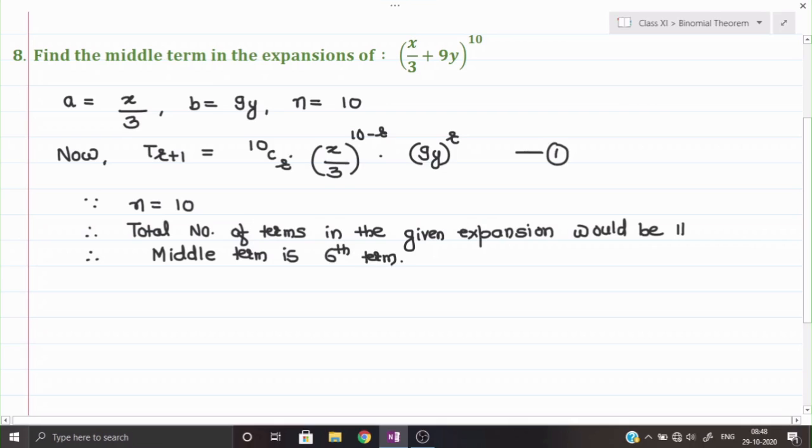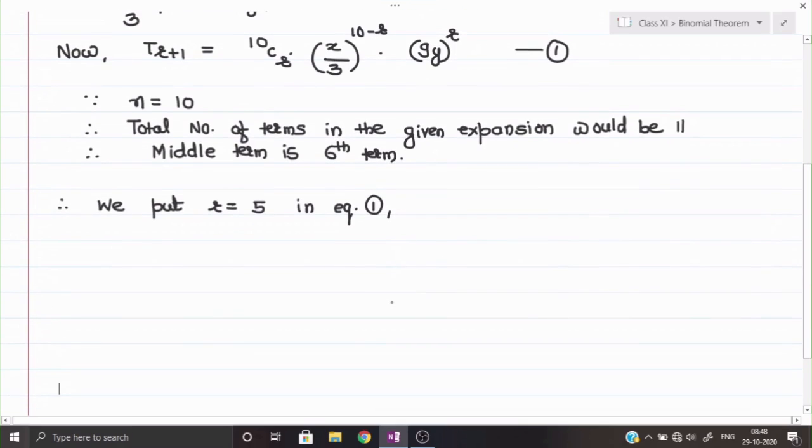Now let us find out the value of the sixth term. So we shall put the value of r equal to 5 in equation 1. Okay, so let us put the value of r equal to 5 in the first equation.